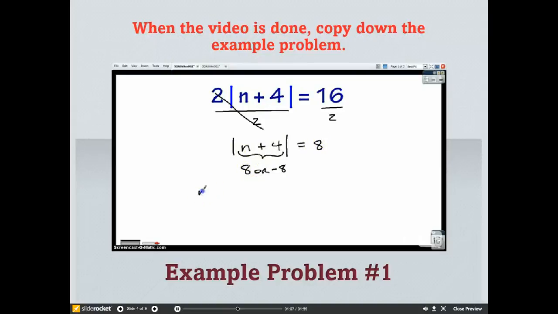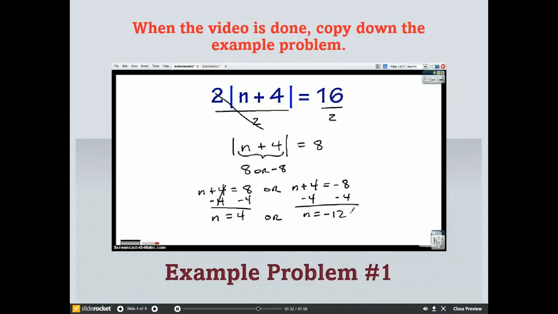We need n plus 4 to turn into 8, or we need that n plus 4 to turn into a negative 8. So then we solve each equation separately. On this equation we get n equals 4, or when we do this equation we get n equals negative 12.